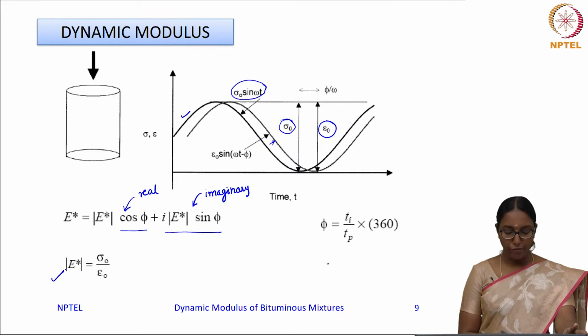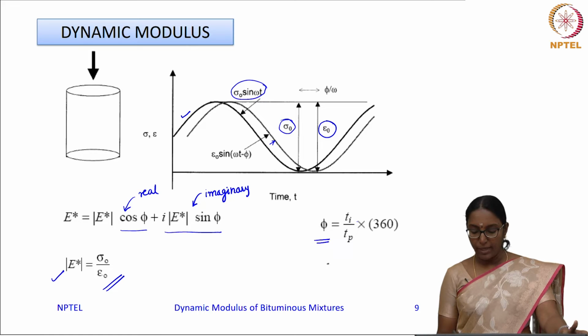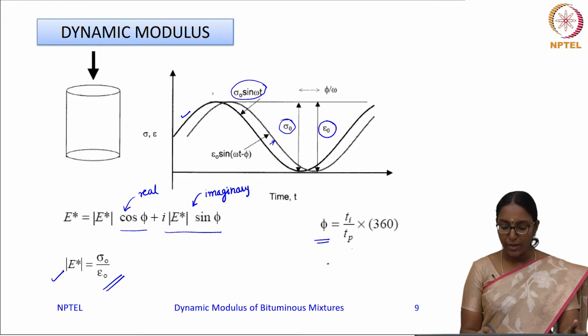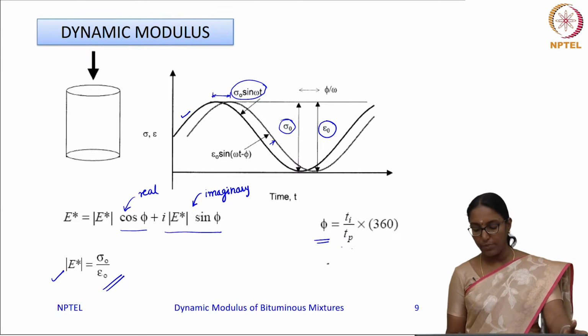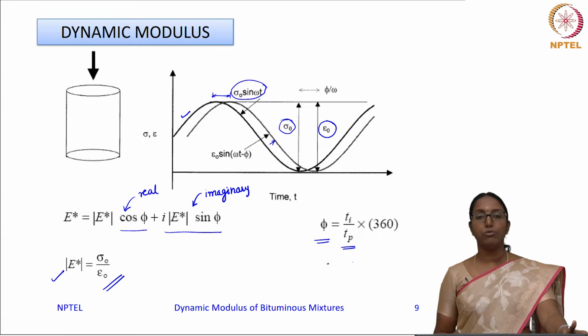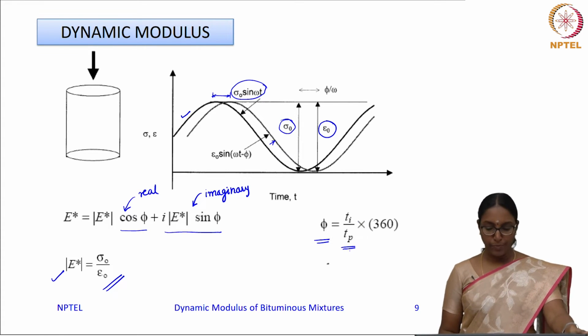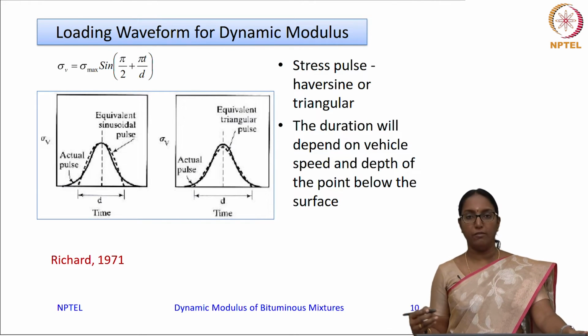So, the mod of this quantity, which is sigma 0 by epsilon 0, will give you the dynamic modulus, and phase angle is given by Ti by Tp, where Ti is the time duration between a stress and the corresponding strain wave, and Tp is the average duration of a stress wave in seconds, times 360, which will give you the phase angle. Now, why do we go for a Haversine or a sinusoidal waveform?